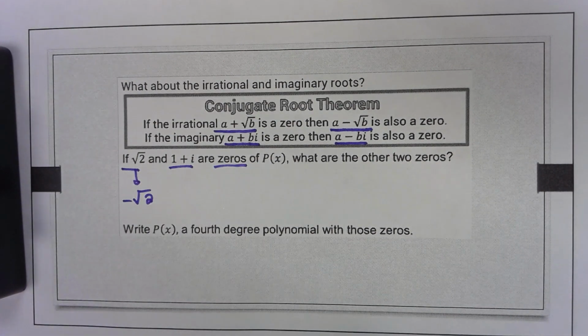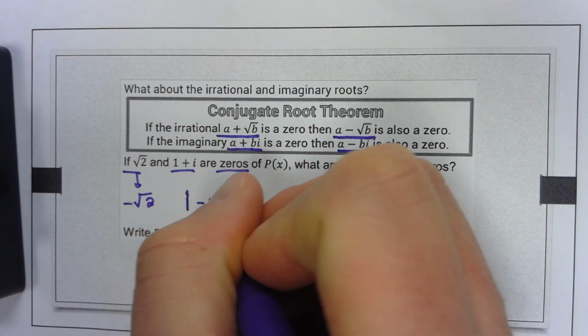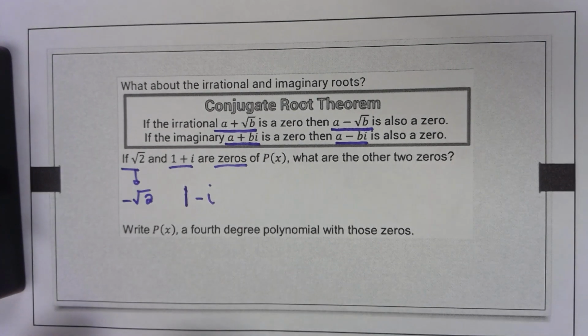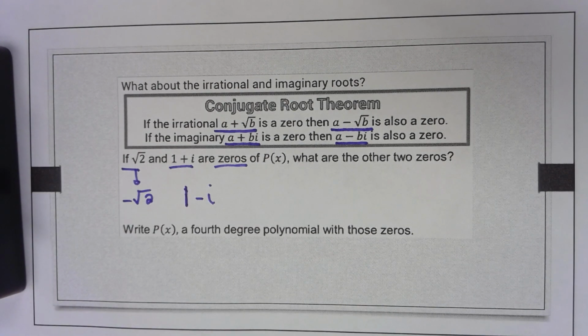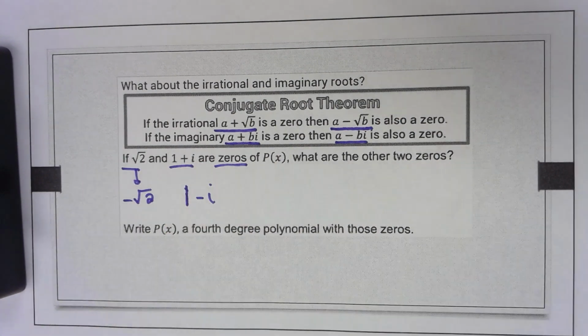If we know 1 plus i is a solution, that automatically means that 1 minus i is also a solution. So notice where that sign is changing. It's not the entire term that I'm changing the sign for. It's just the sign in front of the imaginary term, or the square root term. So that one's still positive, but the i became negative.